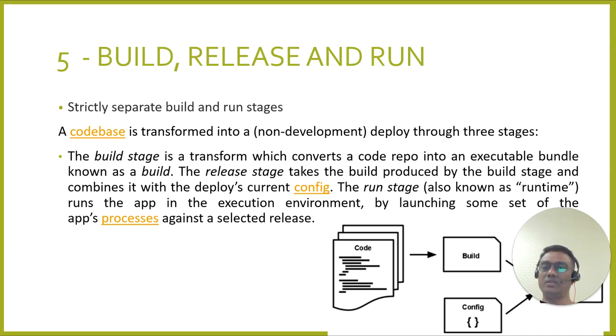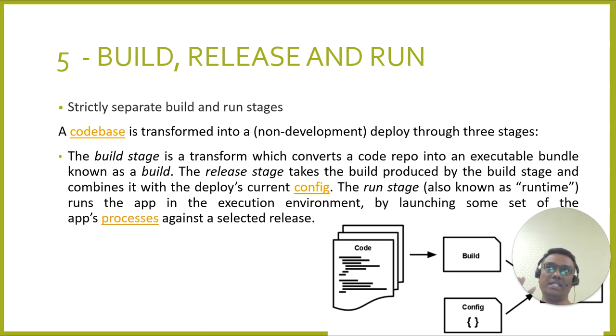Let's move on. The fifth 12-factor is build, release, and run. What it basically says is that the build process, the release process, and the run process should be separated out. In modern application development, we have a separate CI pipeline, for example in Jenkins, and for deployment we have a separate CD pipeline, building a jar or war file out of it.